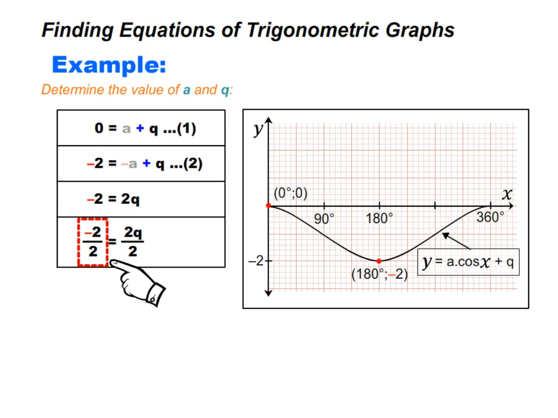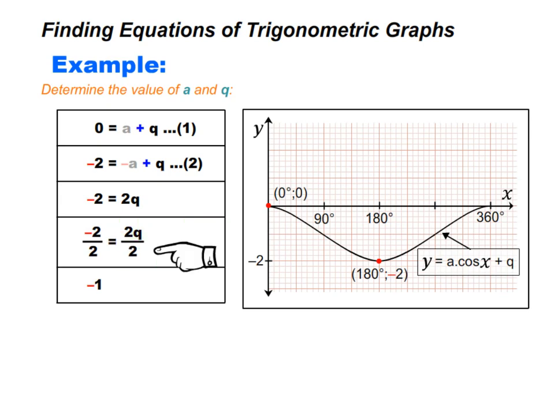Negative 2 divided by 2 is equal to negative 1. So we have negative 1 on our left hand side. Look on the right hand side. The 2's cancel out. So q is the only thing remaining on the right hand side. So finally, negative 1 is equal to q. Or we can say q is equal to negative 1.